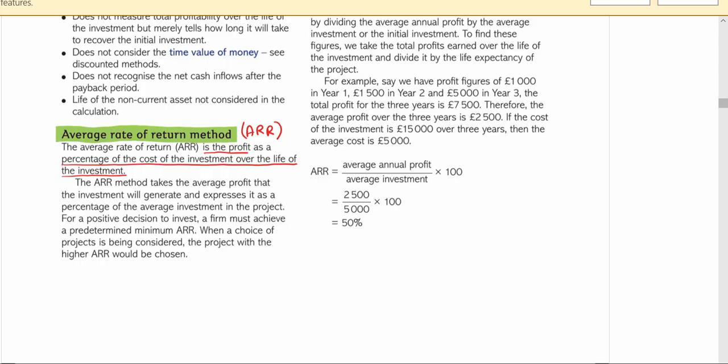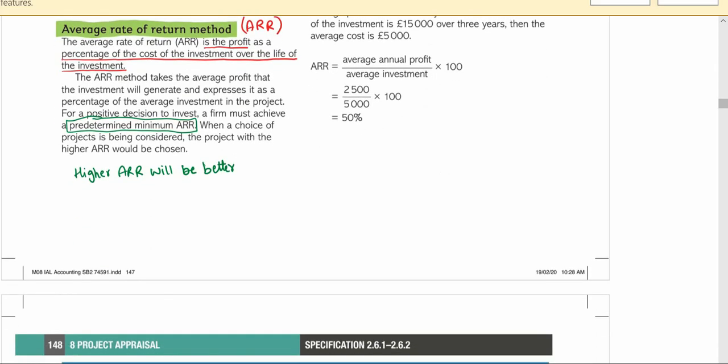In ARR, a higher ARR will be better. So ARR tells you the minimum rate you have to earn from your investment. If your investment rate is below the ARR, we may reject the project.